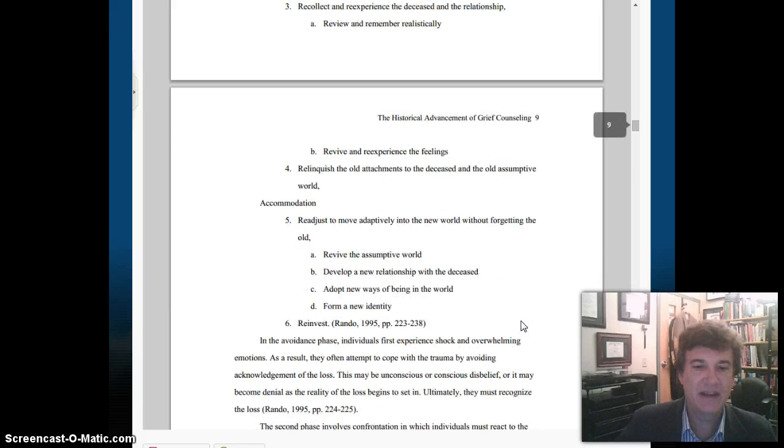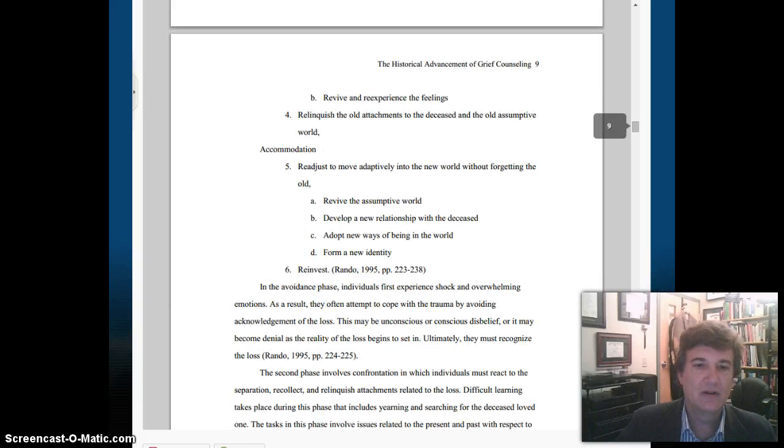And then accommodation. We readjust to move adaptively into a new world without forgetting the old. We revise the assumptive world. We develop a new relationship with the deceased. We adopt new ways of being in the world.